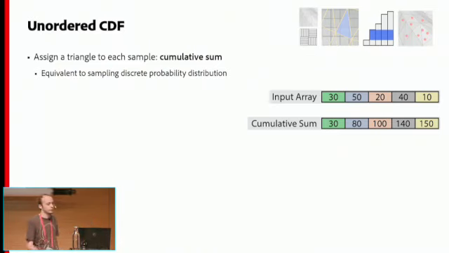And this is kind of equivalent to sampling a discrete probability distribution, which means that from, for example, this input array, we need to compute its cumulative sum.